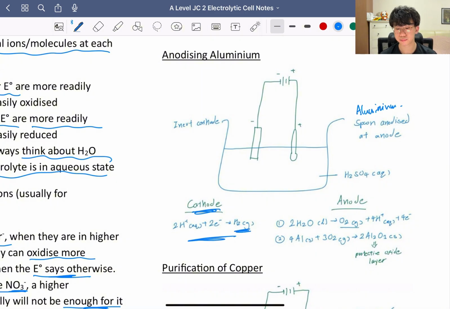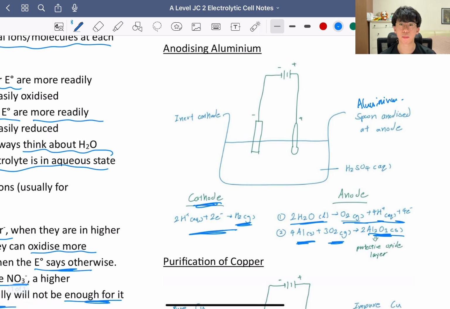Now at the anode, you have a reaction over here that happens first, which is just the oxidation of water. But you also subsequently have the oxidation of aluminium, which is the material of the spoon, for example. And this aluminium, when oxidized, will give this Al2O3, which forms this protective layer over the spoon. And this is what preserves the material of the spoon and makes it long-lasting.